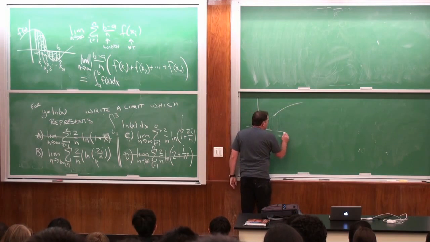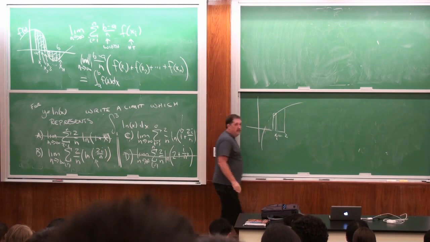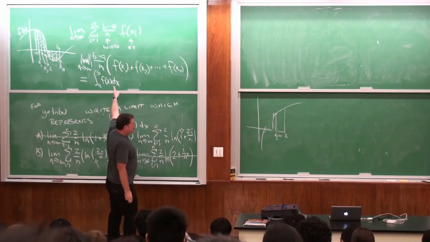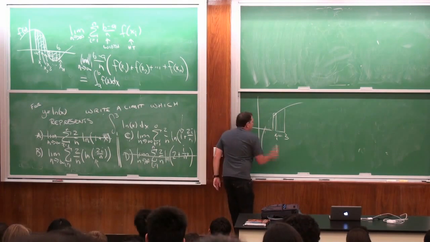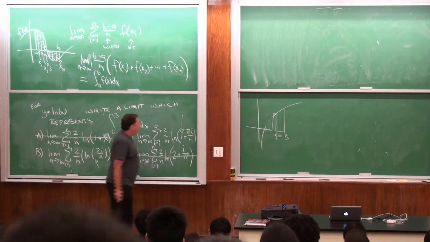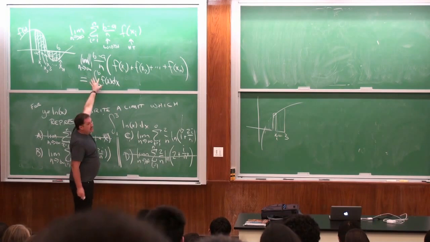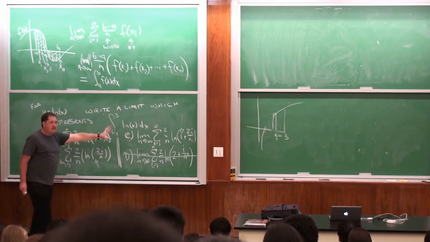Here is a typical rectangle at some xi. This formula, which is written right on the board, tells me my width is always b minus a over n. All of these have a 2 over n, so that's cool.